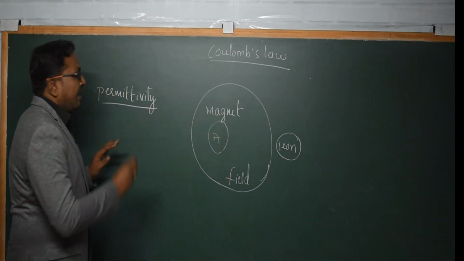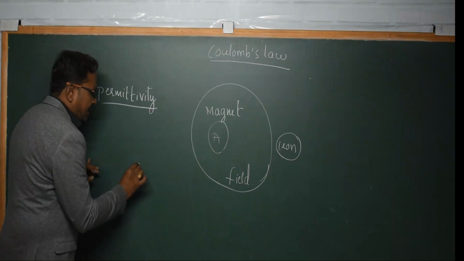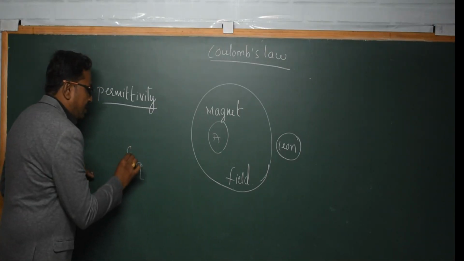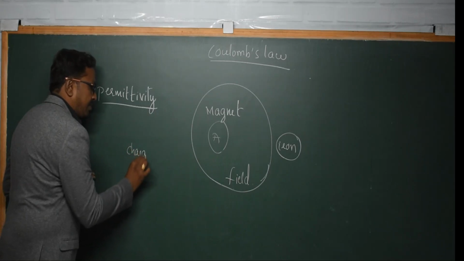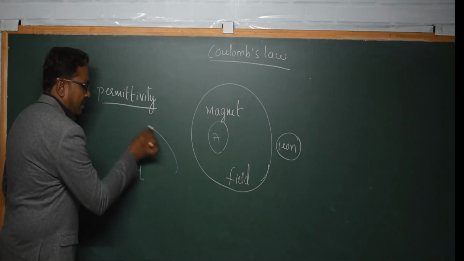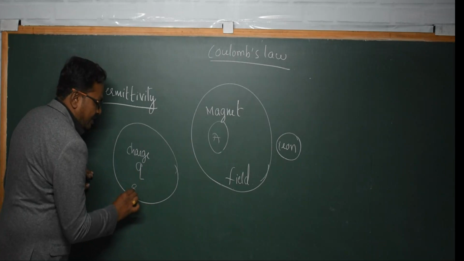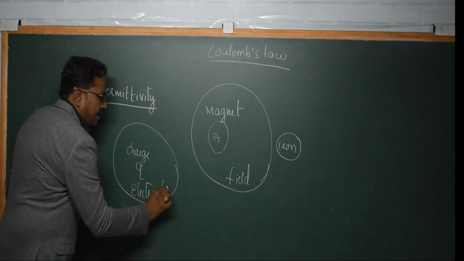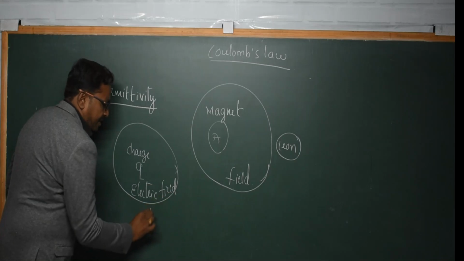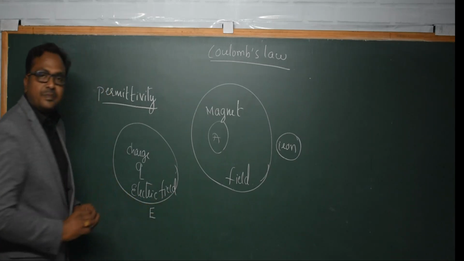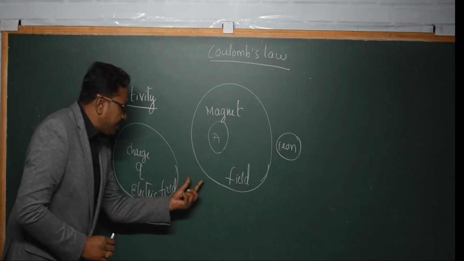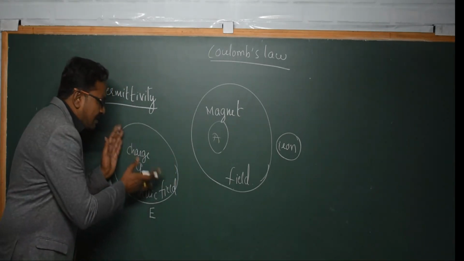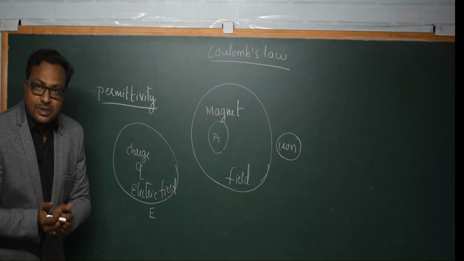Similarly, to understand Coulomb's law, here there is a charge, and due to the charge there is an electric field. This electric field we can name with the letter E. Now if I place a small unit positive charge in this, then this charge will experience a force.